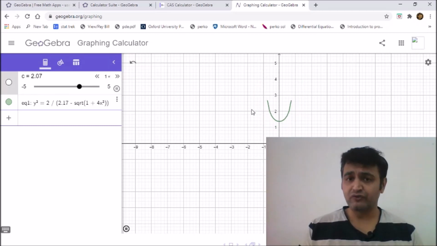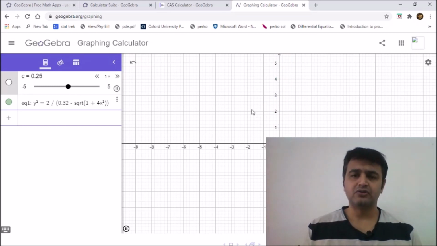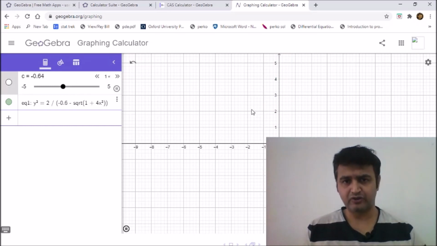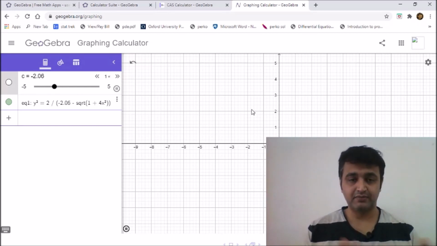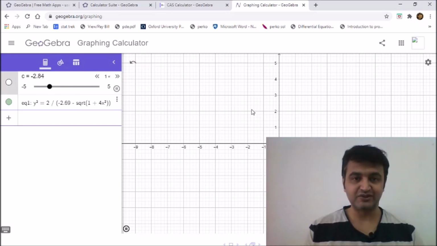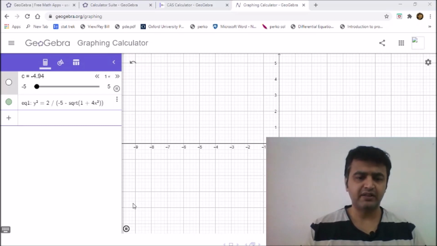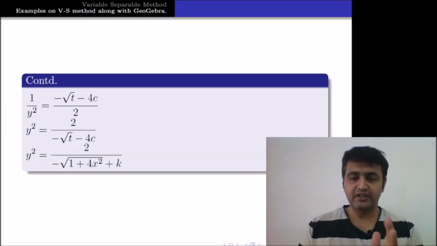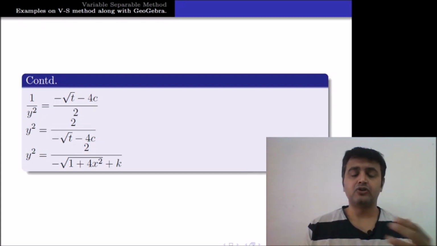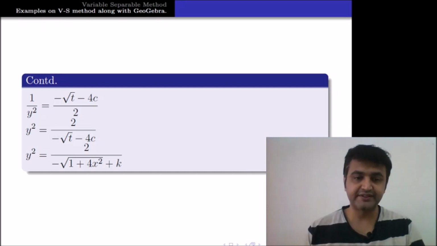There are some good softwares, say Mathematica, a product by Wolfram, and MATLAB, the product of MathWorks, but they are paid softwares and I am not sure about the copyright issues. But this is free to use, so that's why I can share it with you. So this is about GeoGebra, how it helps us find the solution of a first order differential equation, and it also helps us plot the solution curves along with the initial conditions.